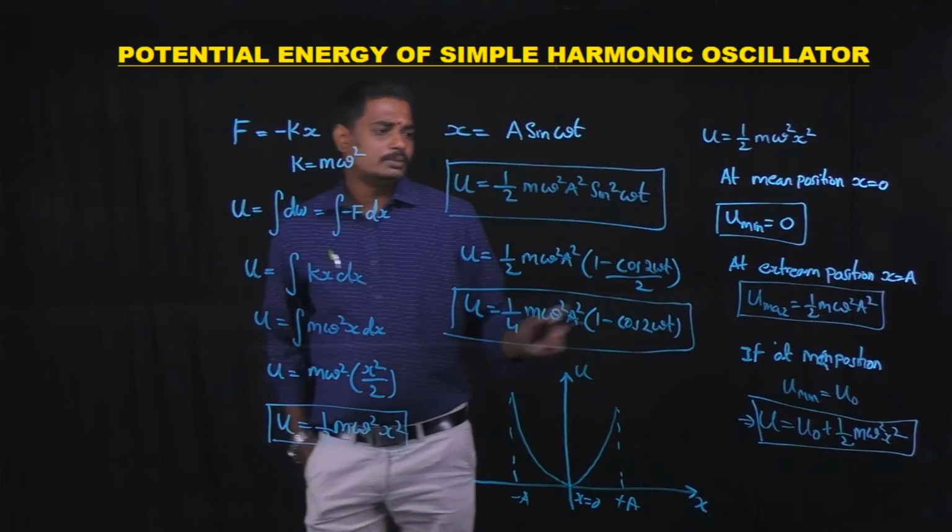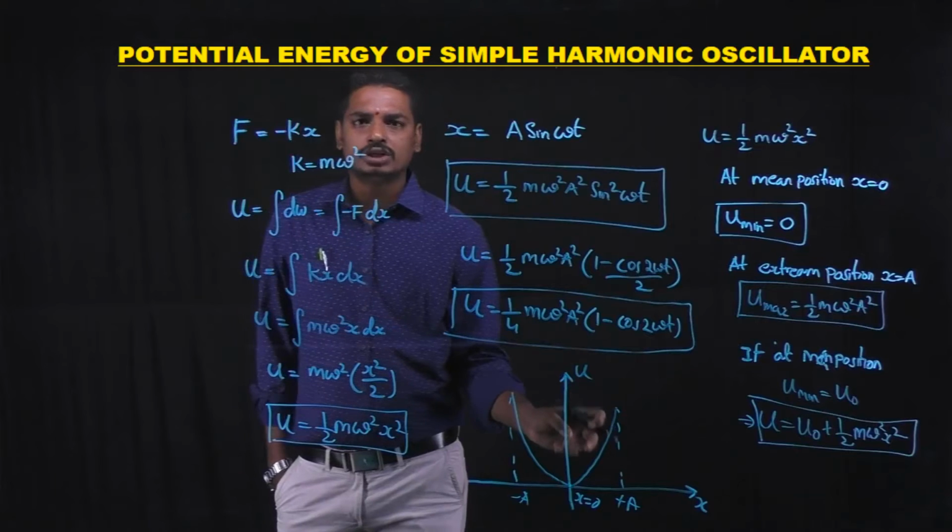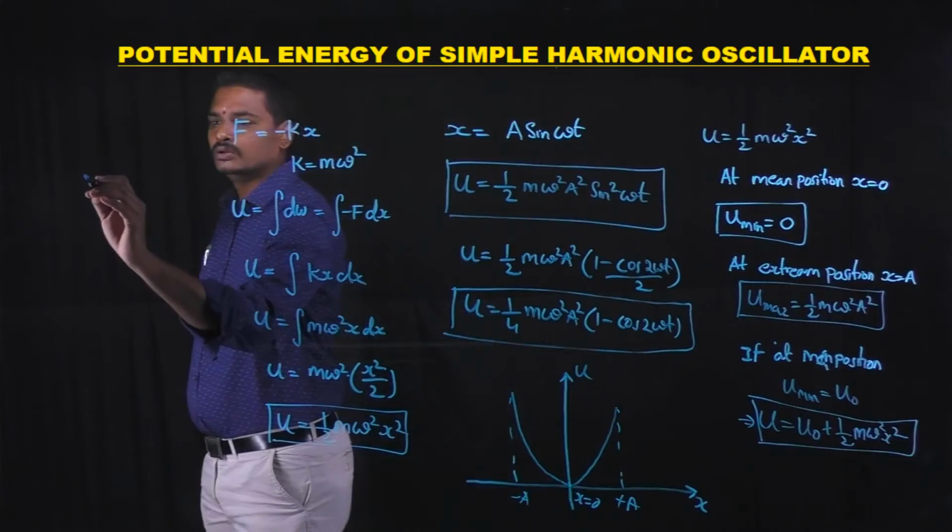Similarly, if the minimum potential energy is not equal to 0, then the graph will look like this.